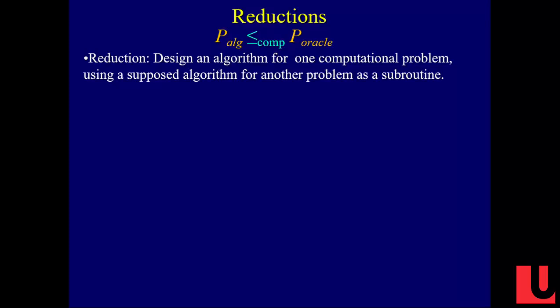Its input is the value of x. But now I want to instantiate that input. I want to say, well, x is 3. Then 3 is an instance of this problem. I would call x the input and 3 an instance.